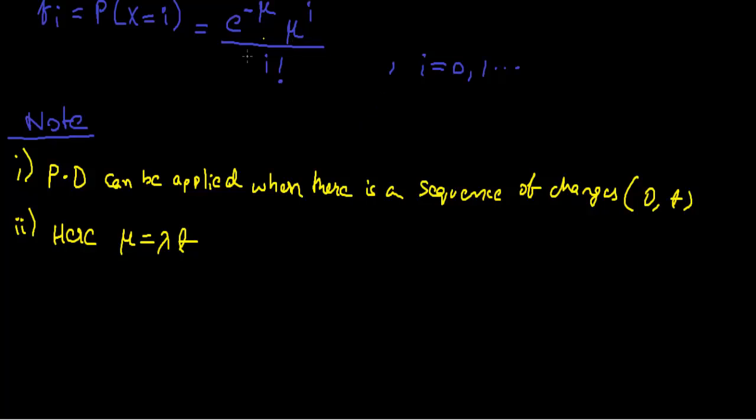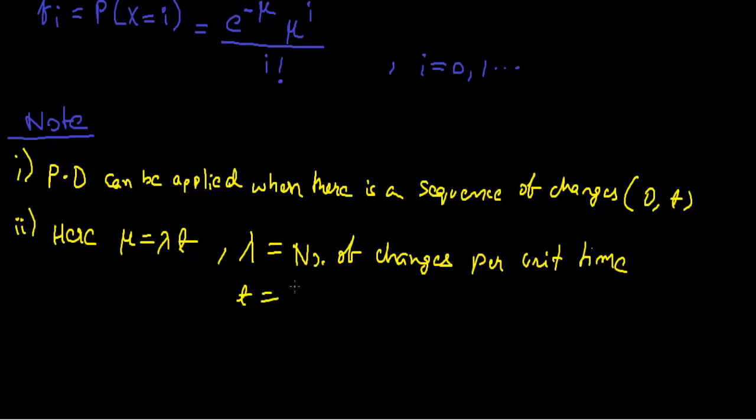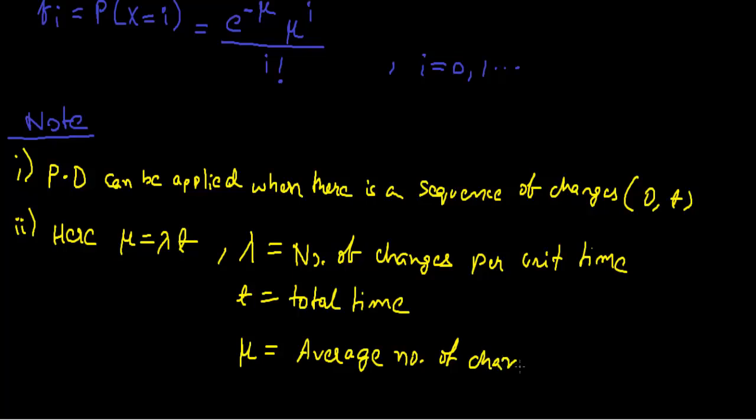Lambda is the number of changes per unit time, t is the total time, and mu is the average number of changes in the time interval 0 to t.